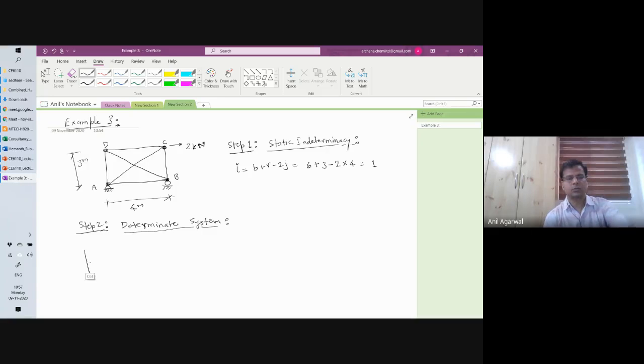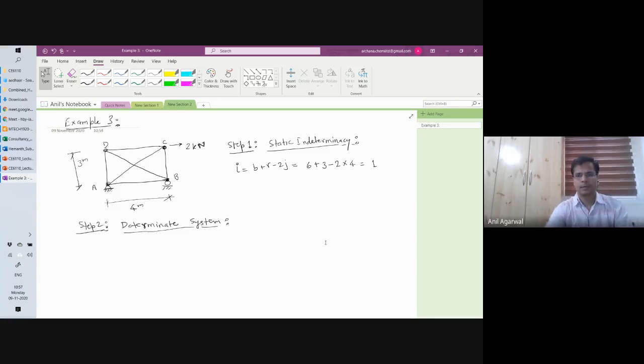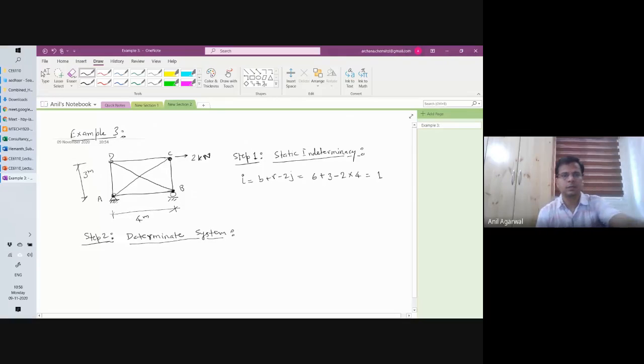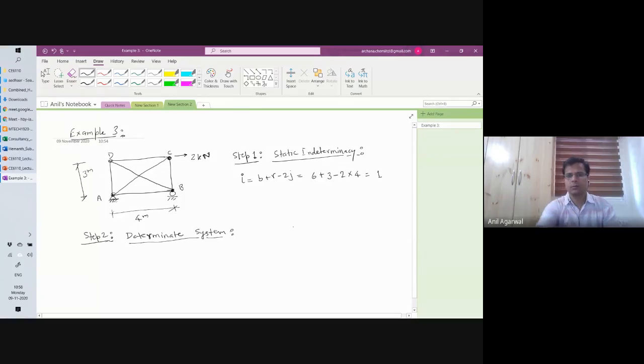So as I had just shown you, we had added one member in the structural system. So we can simply cut that member, right? That would be very easy to do.